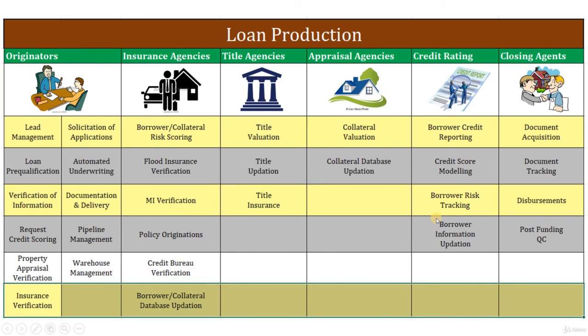Appraisal agencies perform collateral valuation, checking whether the collateral given by the borrower is really worth that money, and they calculate the current market rate of the property. Credit rating agencies do the credit score modeling.